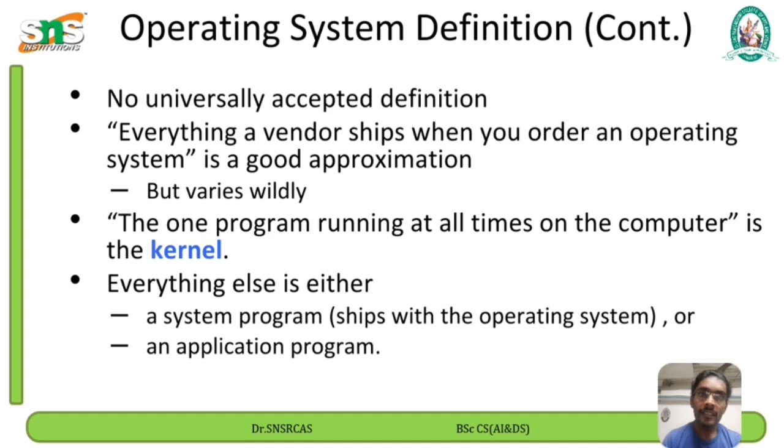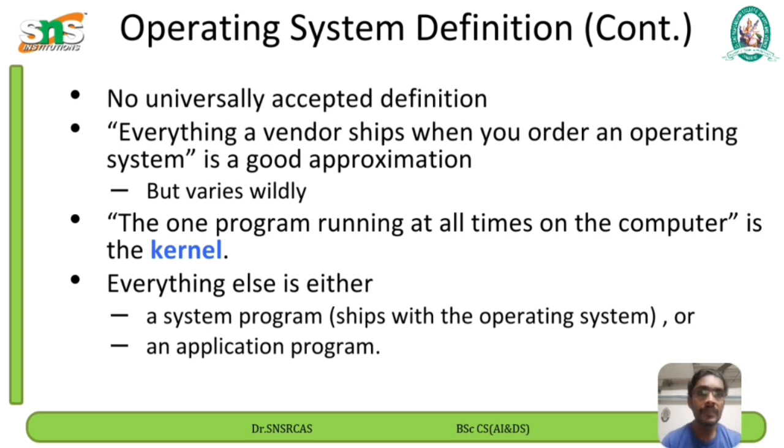Further, there is no universally accepted standard definition for an operating system. It varies by how we are looking at it. As we discussed earlier, it differs when you look from the user point of view, from the hardware point of view, and from the application oriented view.